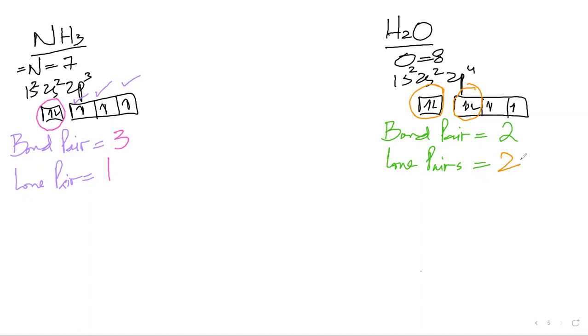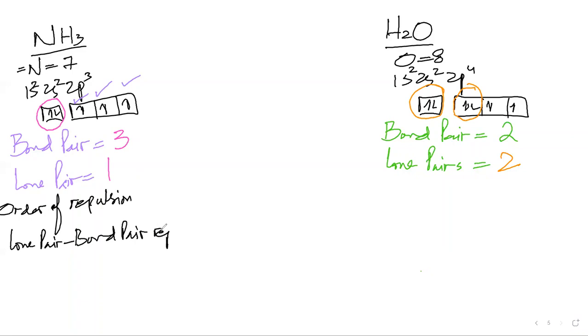If bond pair is 3 and lone pair is 1, the order of repulsion is this. There are 2 types of repulsion. Lone pair to bond pair, which is greater than bond pair to bond pair.